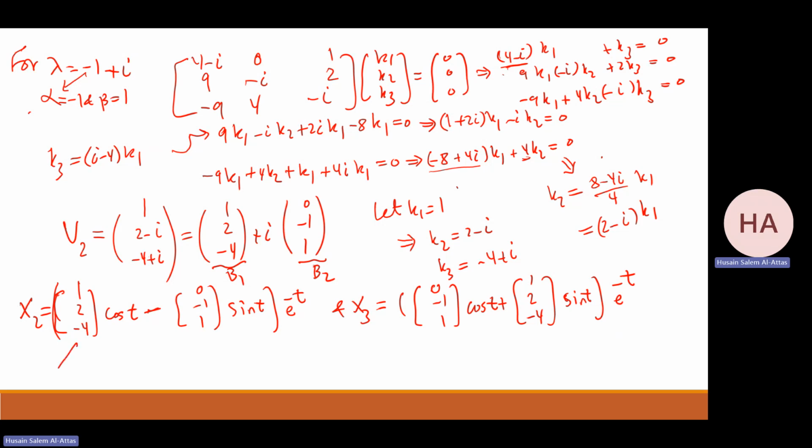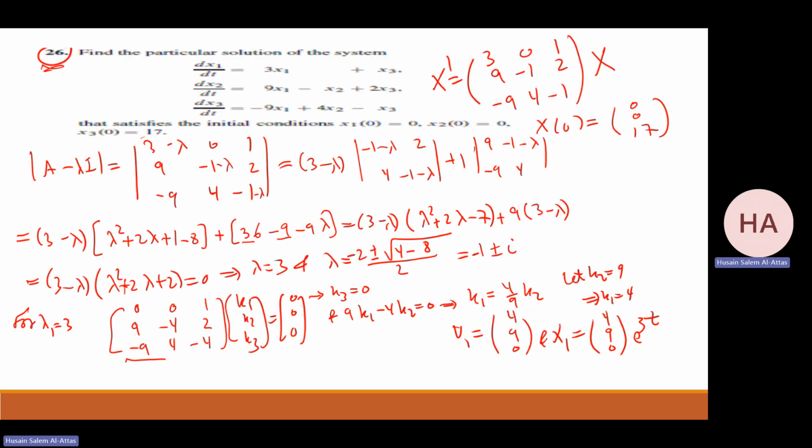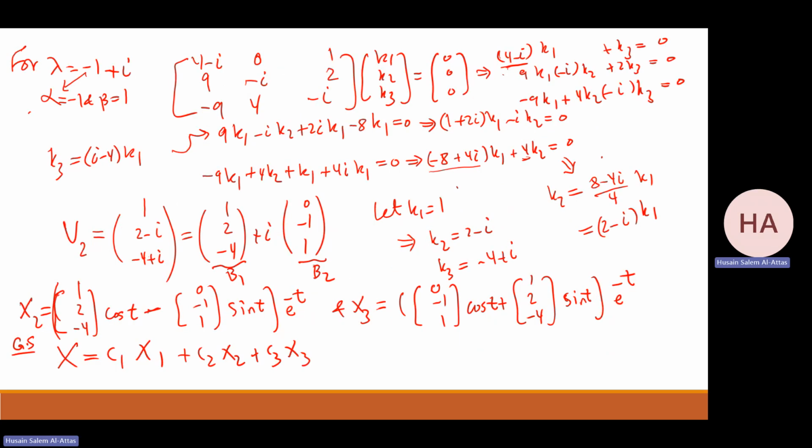What will be my x? C1, the general solution. Until now, we did not do the initial condition. Wow, it's a nightmare. Plus C3 x3. You want to write it as a complete solution. What is x1?